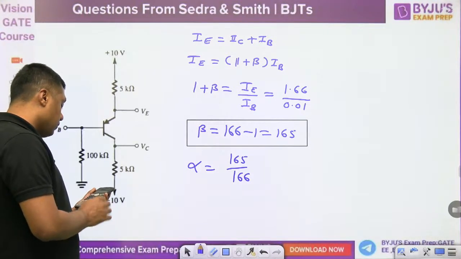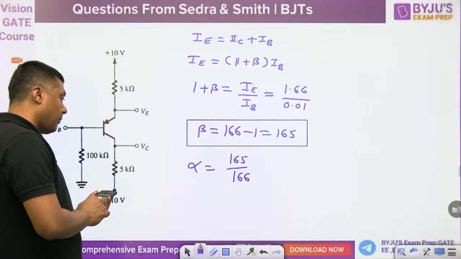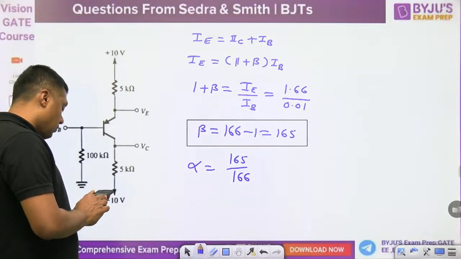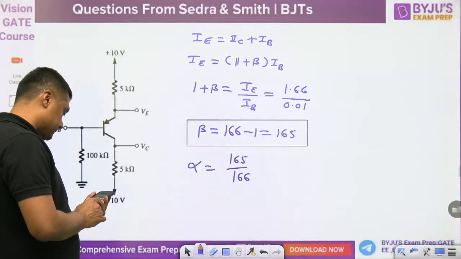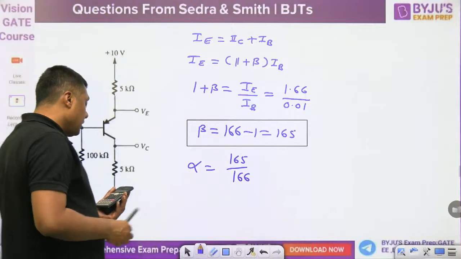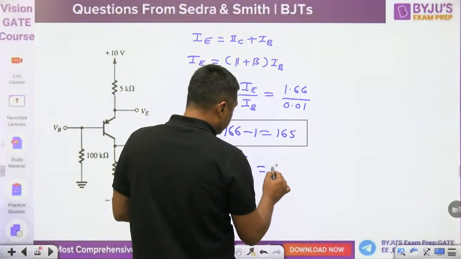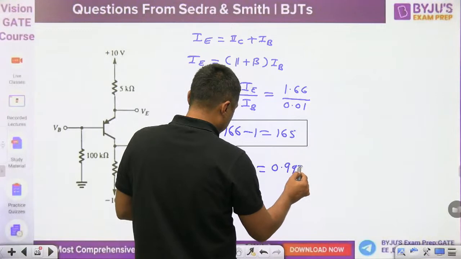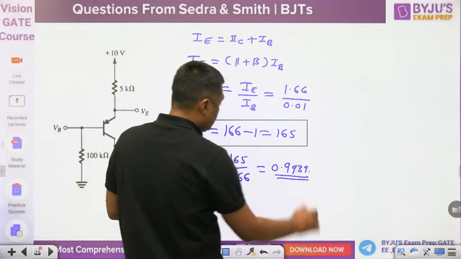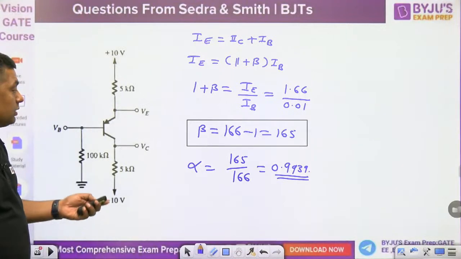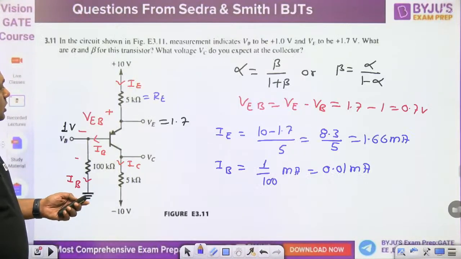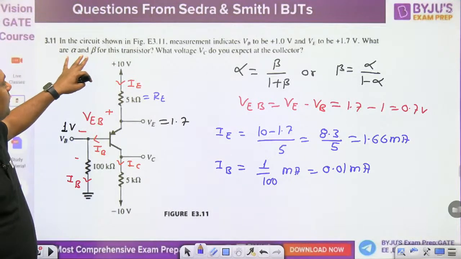So you will get 165 upon 166, that is beta upon 1 plus beta. And you will get around 0.9939, nearly equal to 1. Then, what is asked in this question? Find the value of alpha, find the value of beta.